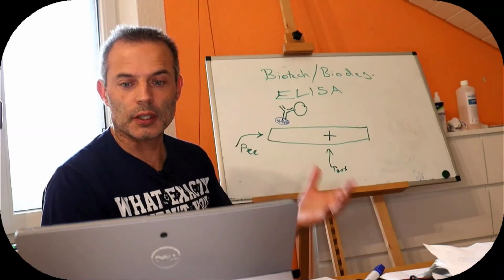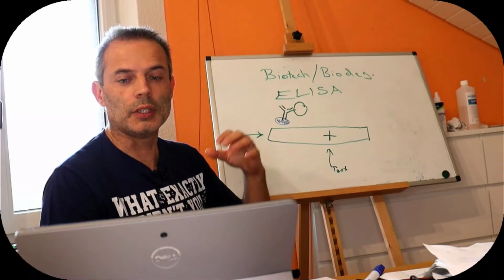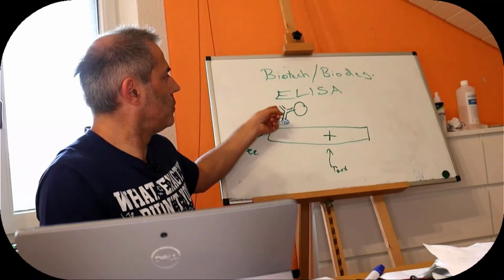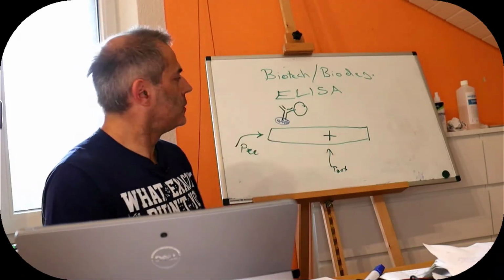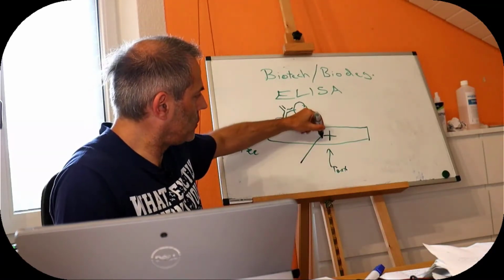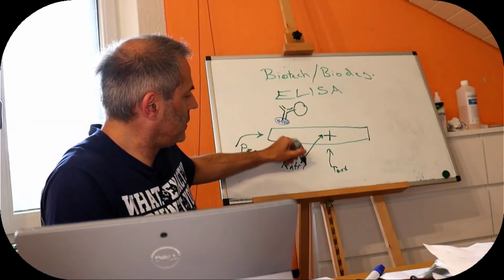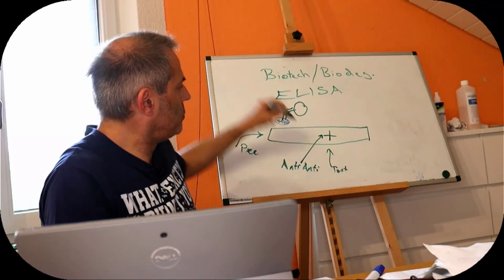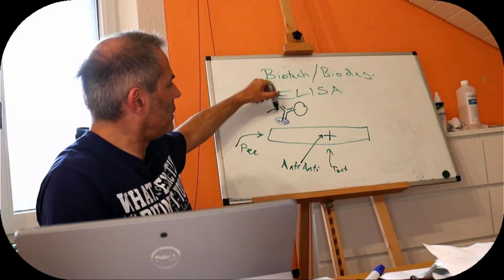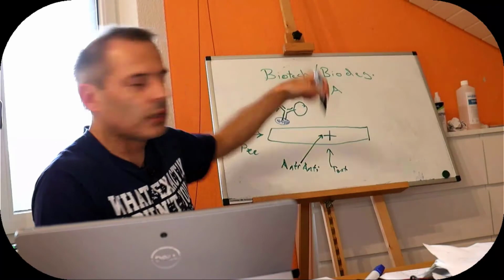Then we want a way of these being captured, so they need to stop at the surface, and we can use another antibody for that, which is good. So if we have an antibody to an antibody, so this line here is anti, and it will attach to this end here. It'll attach to the end that's going to detect our substrate.